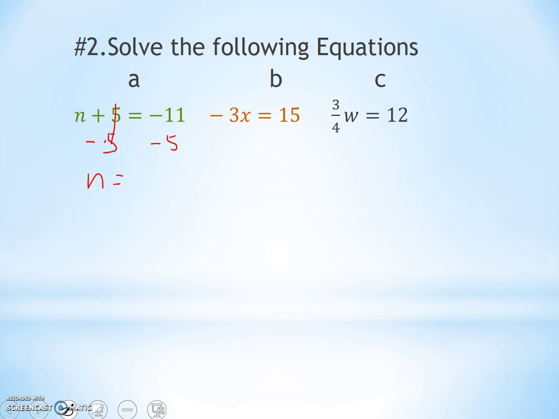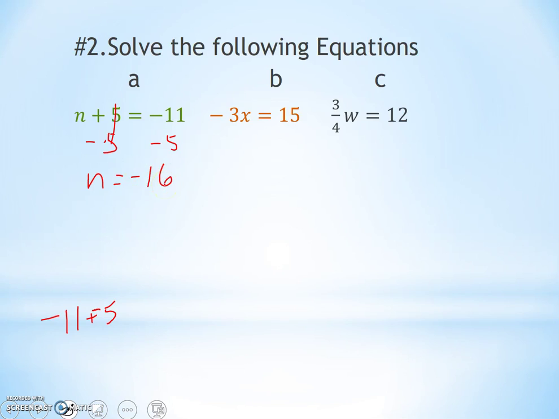Negative 11 minus 5 is the same thing as negative 11 plus a negative 5. We change the subtraction sign to a positive sign and add the opposite. So it's like we have 11 bad guys plus 5 more bad guys, that's a total of 16 bad guys. So n is negative 16.